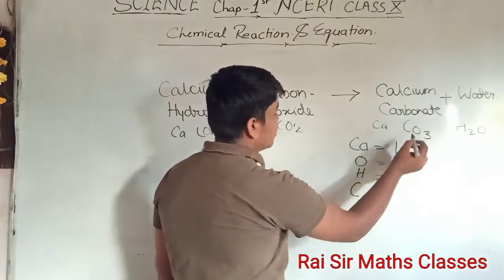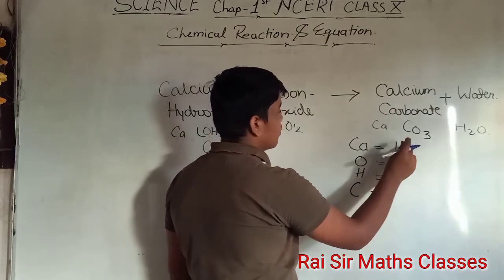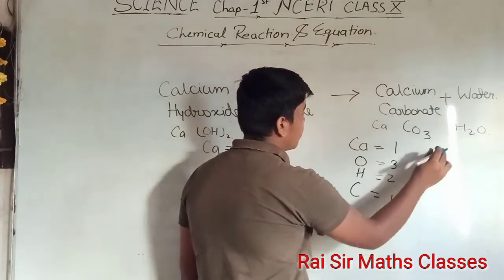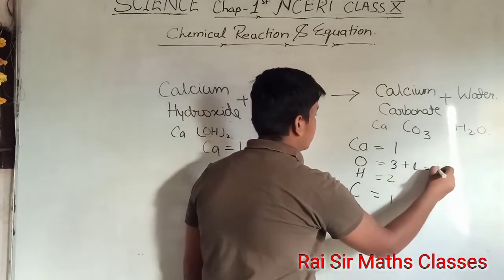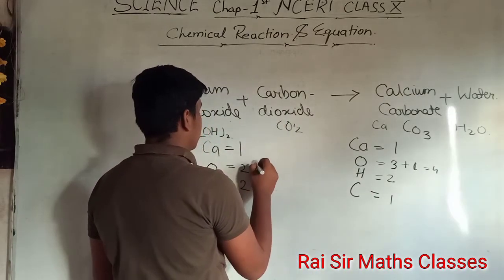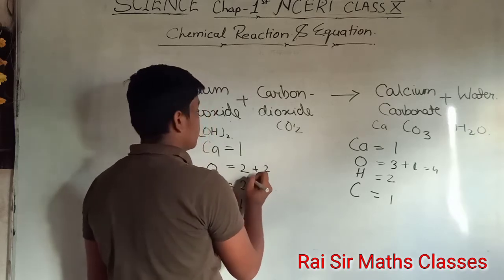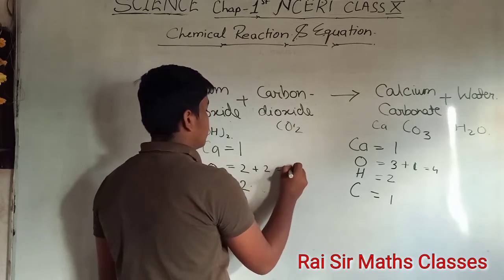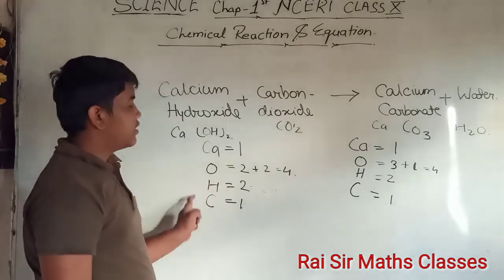In this C we are having 1, O we are having 3, H we are having 2 and plus 1 more O, that is equal to 4, and it is equal to 4. So we can see that it is a balanced equation.